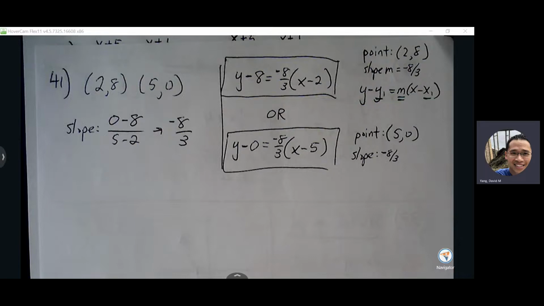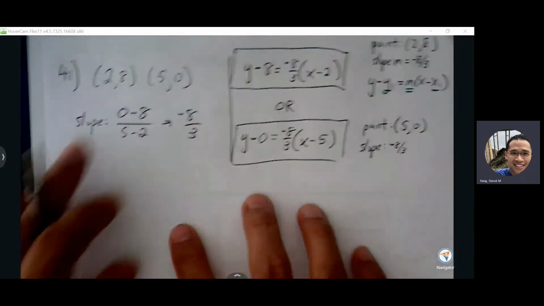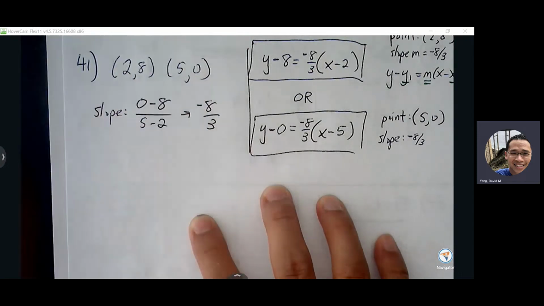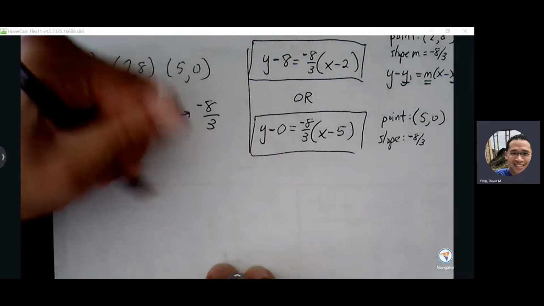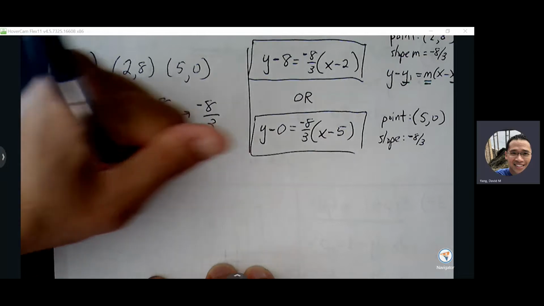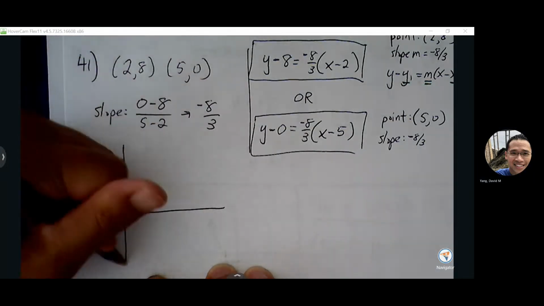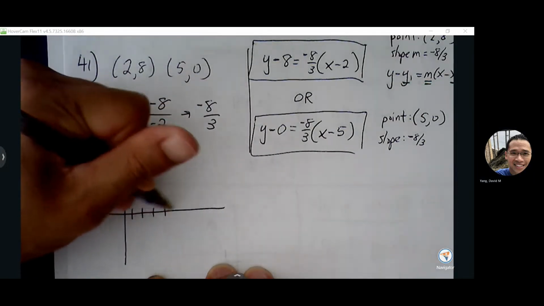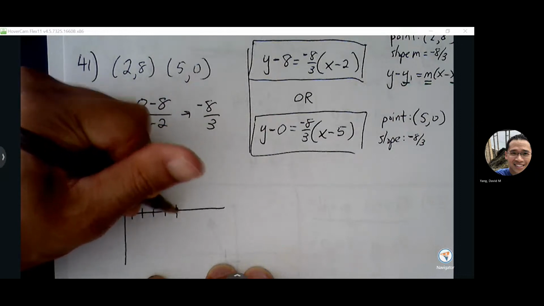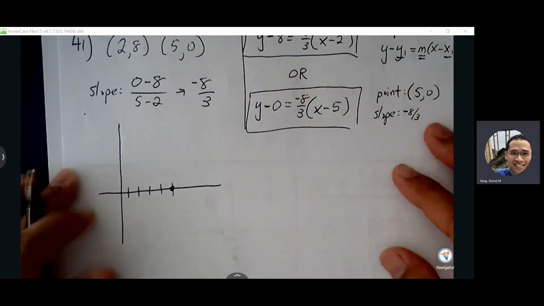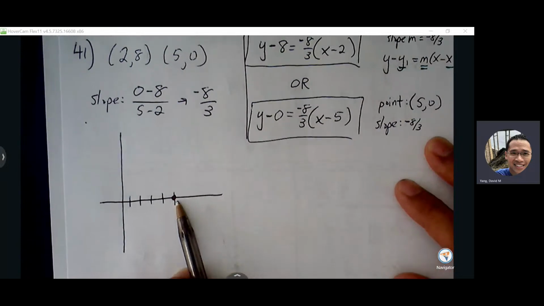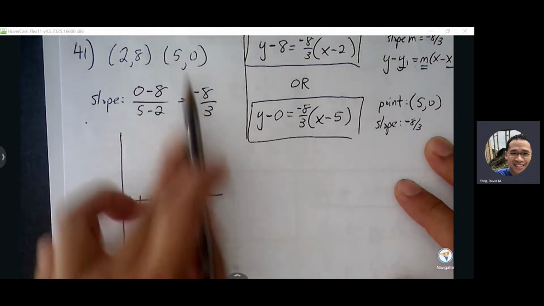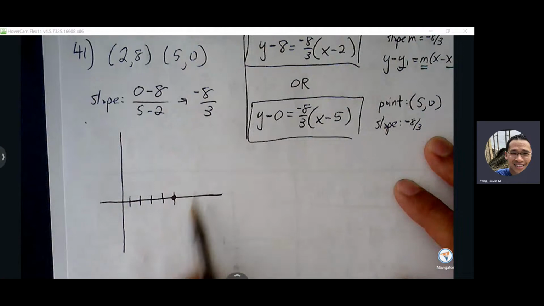Okay, how do you go about graphing it? Okay, so you can choose either point. Let's say I want to use 5, 0 as my ordered pair, just fine. And now my ordered pair is 5, 0. I could have chosen 2, 8. I just decided 5, 0 is easier to plot.